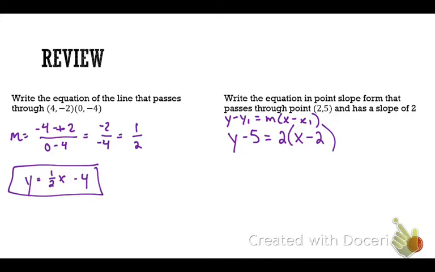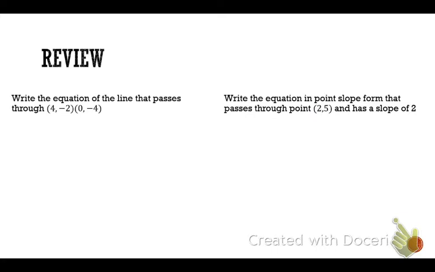Okay, I'm going to give you a couple of equations here. I want you to tell me what format it's written in. So you have 3 choices. It's either in slope-intercept, it's in point slope, or it's in standard form.